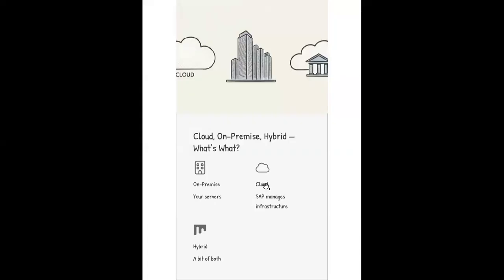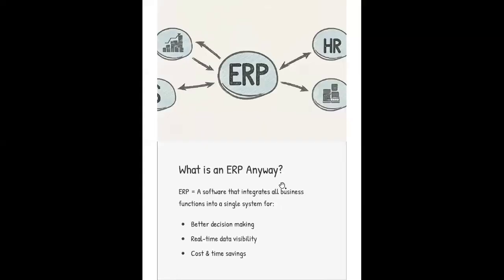But cloud means we access SAP cloud, like Netflix and Amazon Prime, which have their own cloud, and from there we can access their data. And hybrid means a bit of both: some is on-premise and some is cloud.